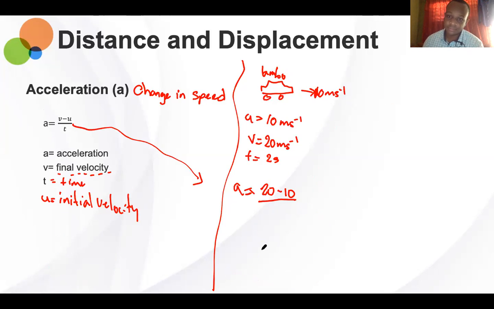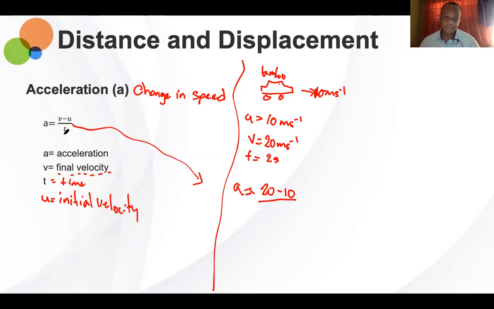So it's originally moving at 10 meters per second, but the person inside increases the velocity to 20 meters per second. So this is now our final velocity, v, but it was initially 10. So we would have 20, which is the final, minus 10. And this all happened in 2 seconds.